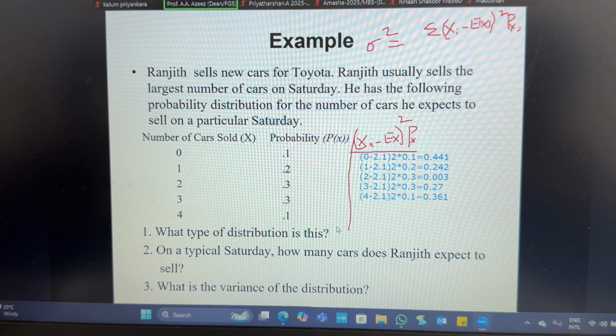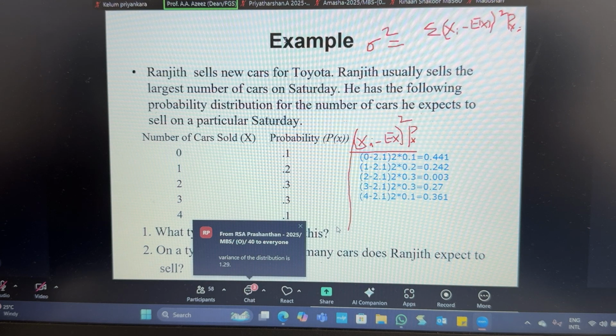So what is the answer? Anyone tell me? So you have read all these things.